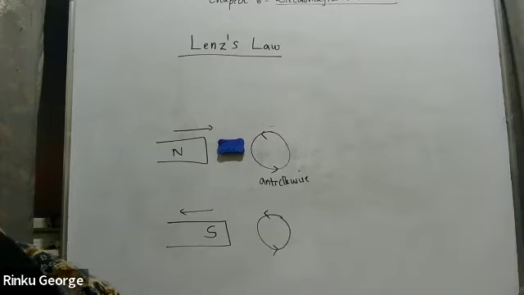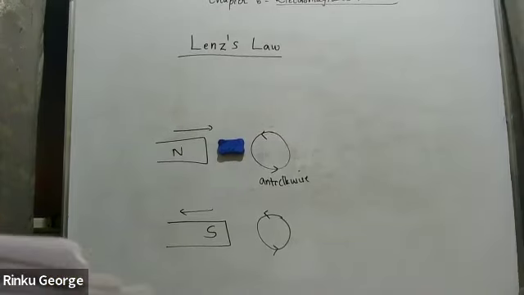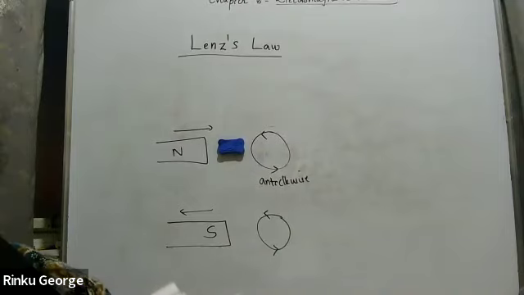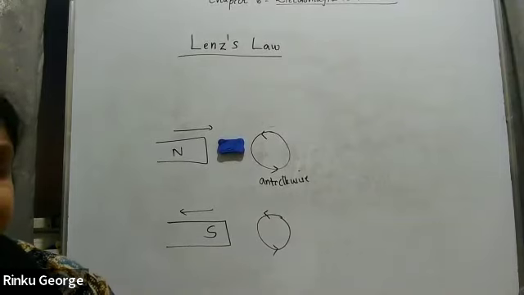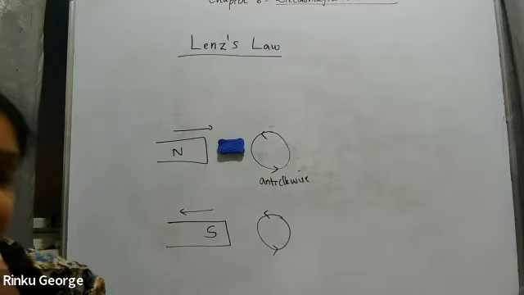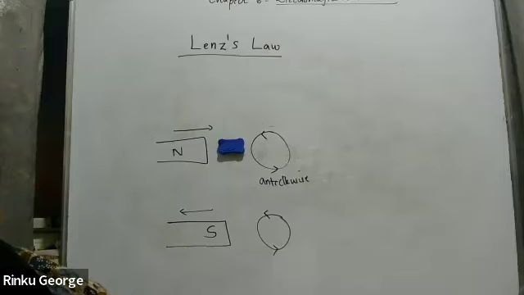Below that you can write: the mechanical work done in moving a magnet with respect to the coil changes into electrical energy and produces current.